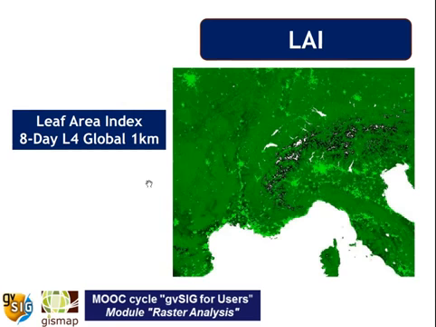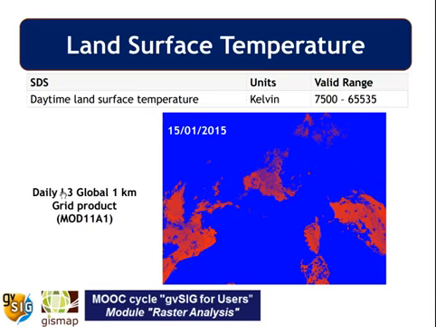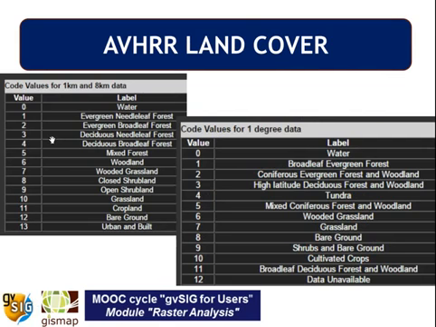There is as well the leaf area index as a mosaic over 8 days. So you see that it's a very frequent acquisition of data. And also the land surface temperature, that are for sure, as I told you before, not detailed information, but they're for free and they are all over the year and in the past, so you can perform very important change detection during the years.